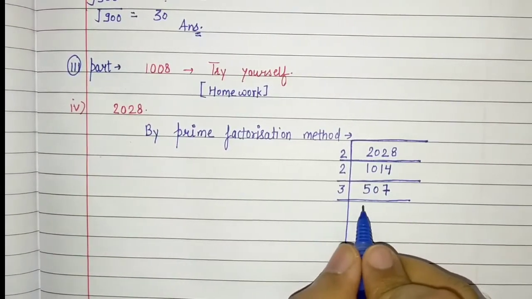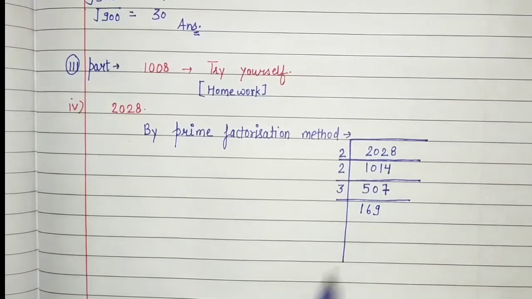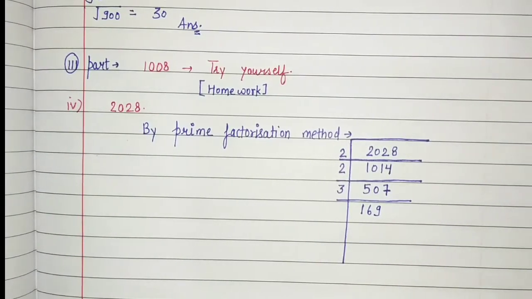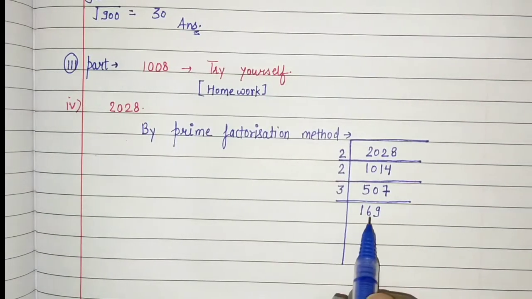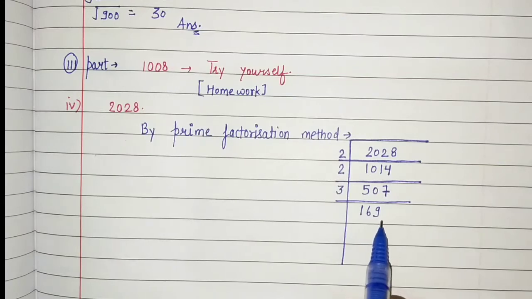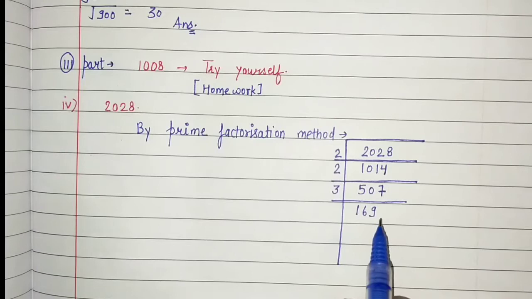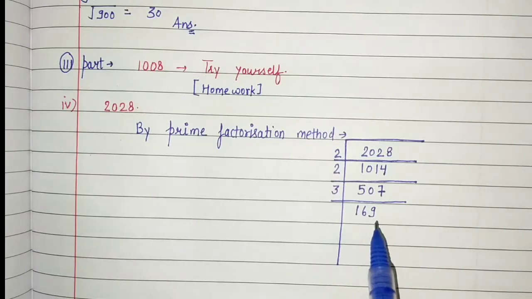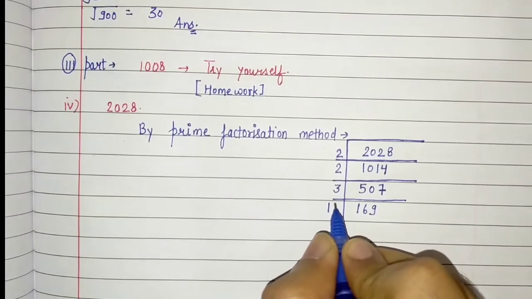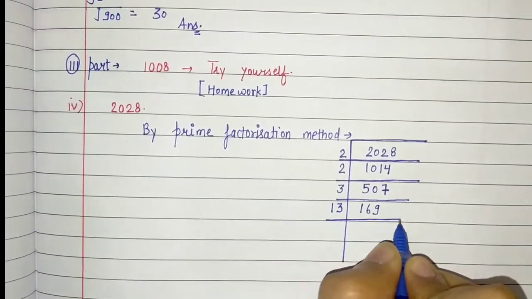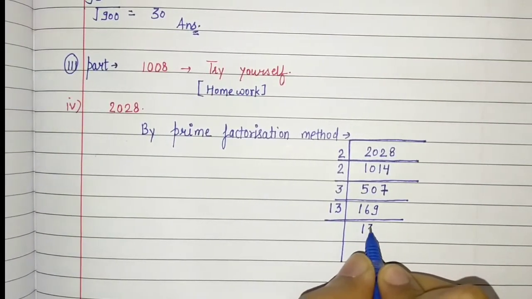If you divide it, 169. After that, 7 and 9, 16. If the sum of the digits is 16, it is not divisible by 3. Again it is not divisible by 5, 7, 11. So this number is divisible by 13, and 13 times.